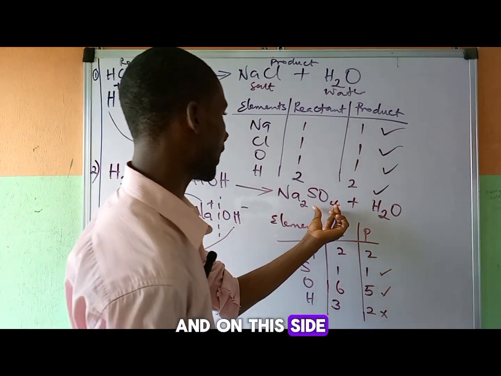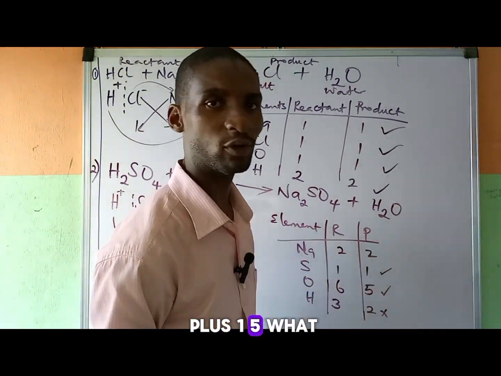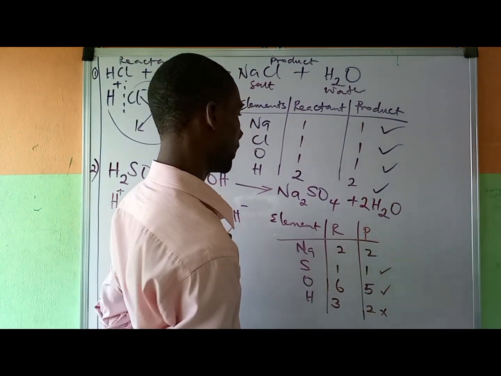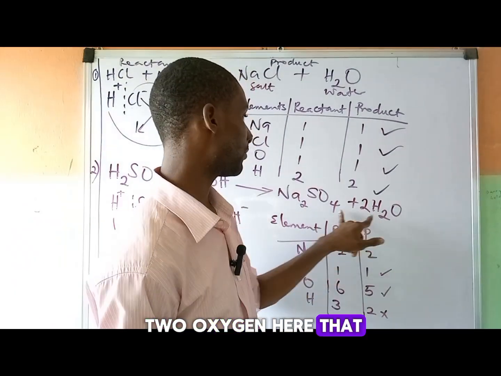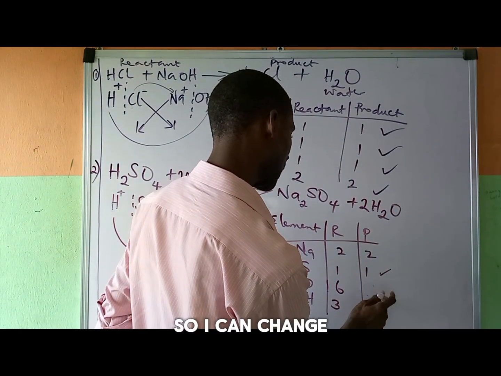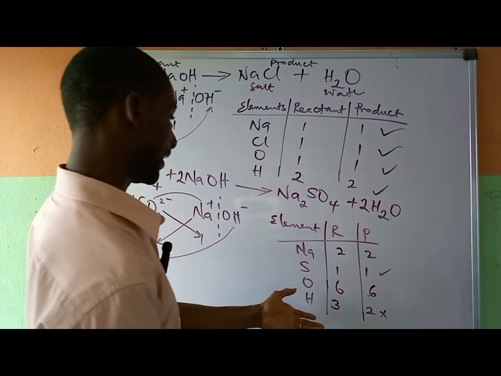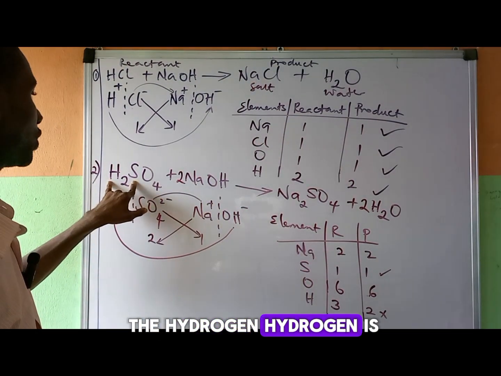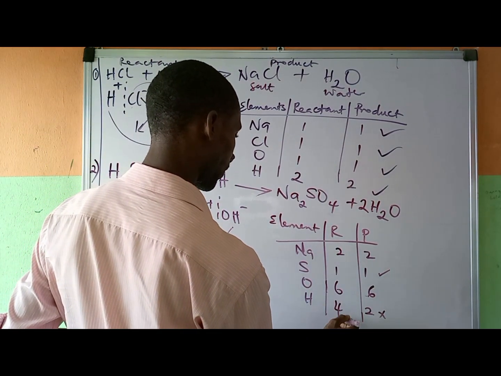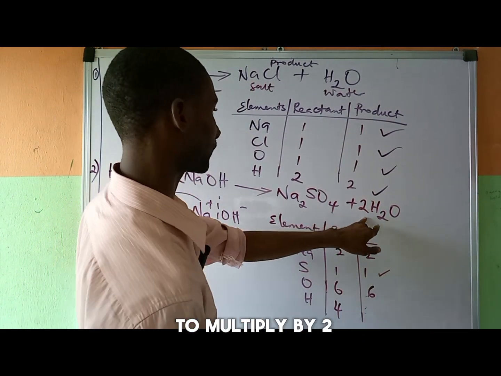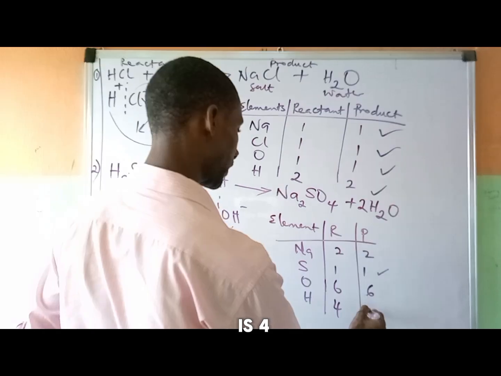And on this side, I have 4 here plus 1, 5. What can I do? I can put 2 here. So oxygen here is 4. And I have 2 oxygen here, that makes it 6. So I can change this to 6, 6, 6. And let's check for the hydrogen. Hydrogen here is 2 plus 2, 4. And for this side, 2 multiplied by 2 is 4.